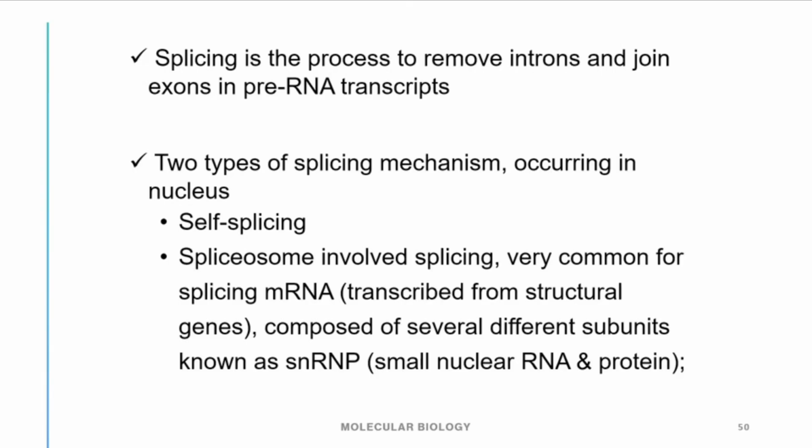And this is composed of several different subunits known as snRNP, small nuclear RNA and protein. So remember, when we talked about the different populations of RNA, we mentioned snRNA, right? Small nuclear RNA. So they are, in fact, responsible for the spliceosome-involved splicing when they interact with proteins to cut the pre-mRNAs.